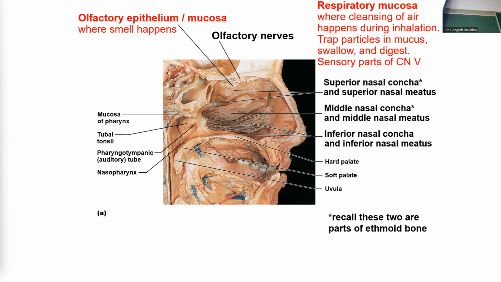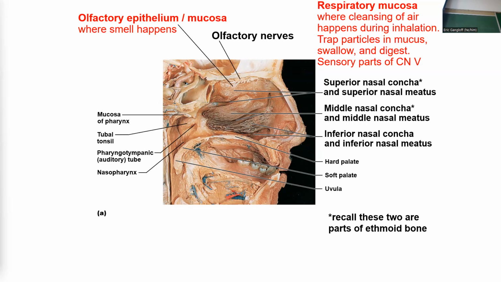We have the superior and middle nasal conchae. These are associated with the ethmoid bone. We have the inferior nasal conchae, which is its own bone. And you can see the air is going in here, and then there's this big old cavity. The nasal cavity is actually really big. At the top here, we have this olfactory epithelium where that air comes into contact with these specialized cells that detect chemicals and deliver that information to us in the form of smell.